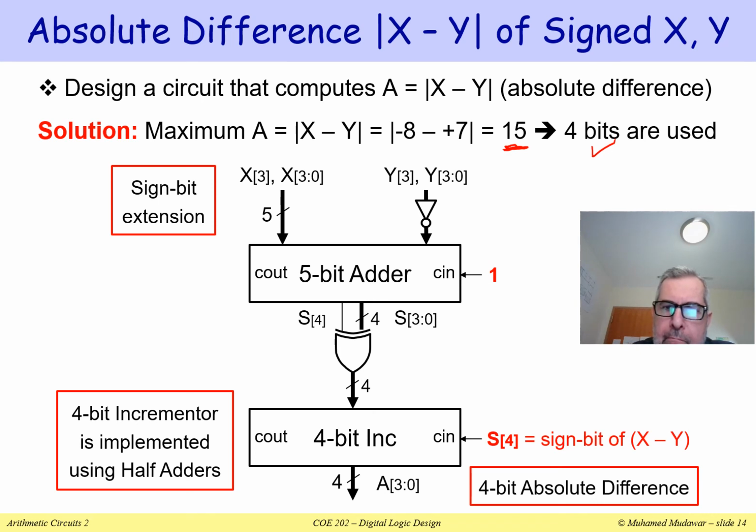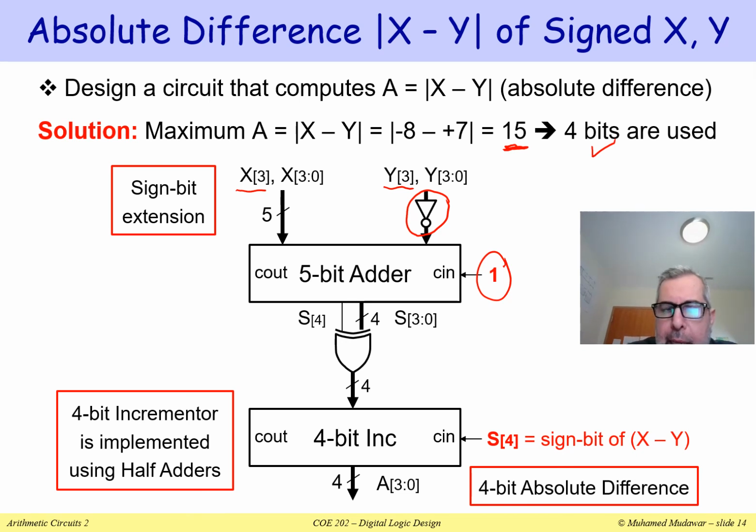I need to use sign extension to extend x and y, because x and y are signed, and I'm going to invert y and add +1. So you can see this inverter is going to invert all the bits of y. So we use sign extension. You can see that actually x and y are sign extended.